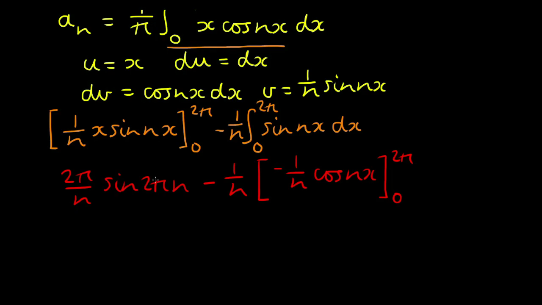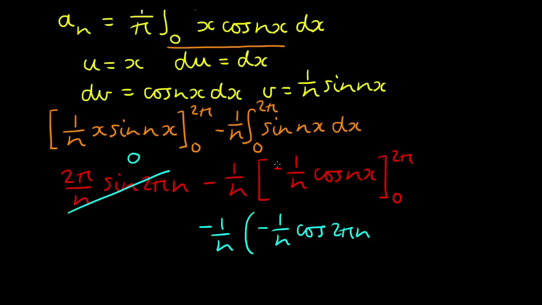So sine 2 pi by an integer is 0 for all n, so that's 0. And for the second term, we have minus 1 on n by minus 1 on n, cosine 2 pi n, and minus 1 on n by cosine 0, which is 1.